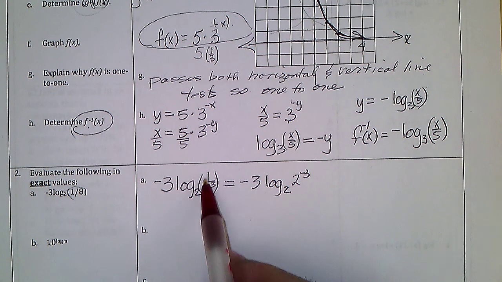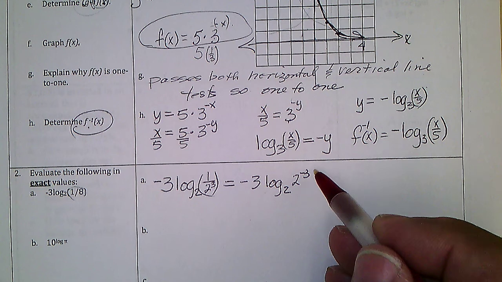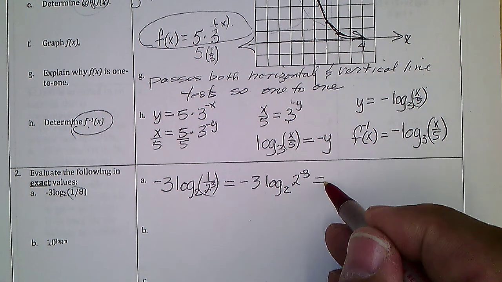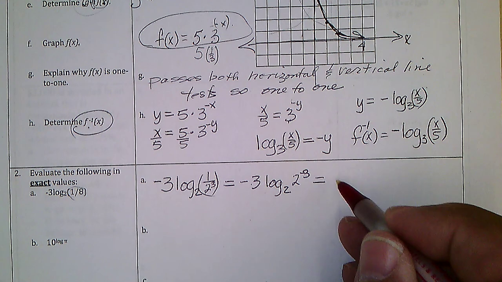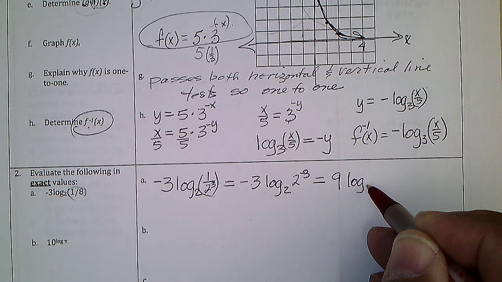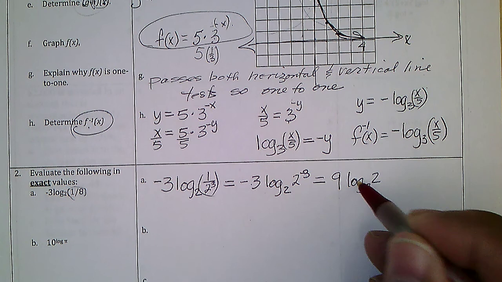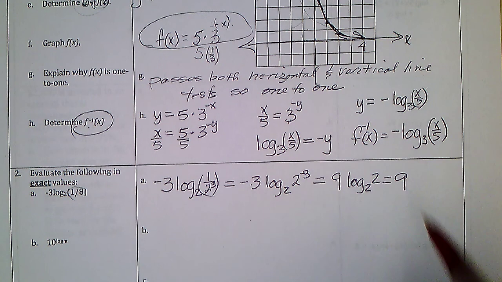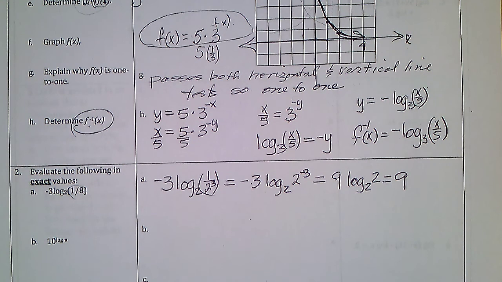That's the same as 1 over 2 to the third. The minus 3 could come down, and we'd have minus 3 times minus 3 is 9 log base 2 of 2. So to what power do we take 2 to get 2? That would be 1 times 9, which is 9. One way to do this problem.